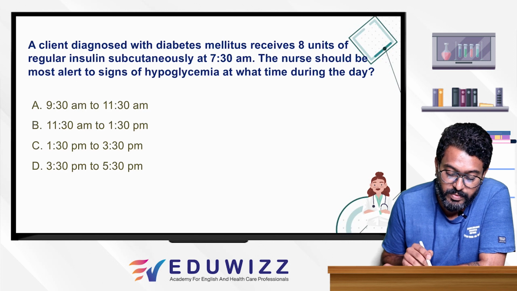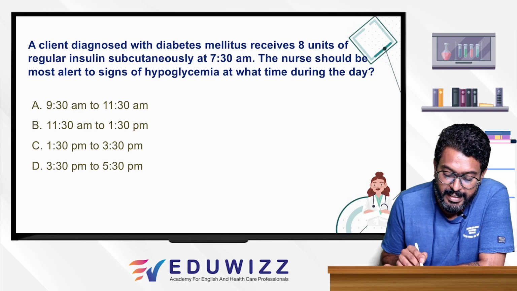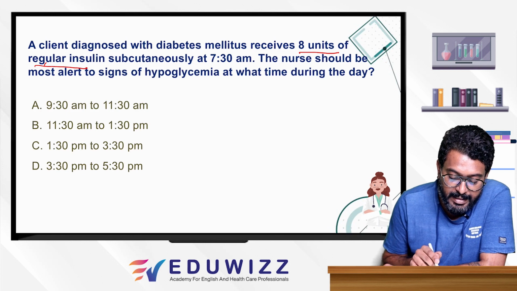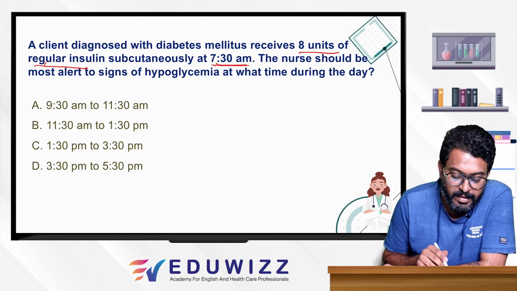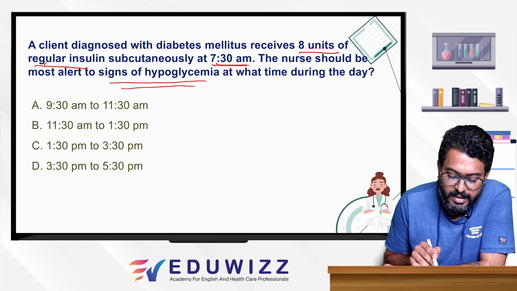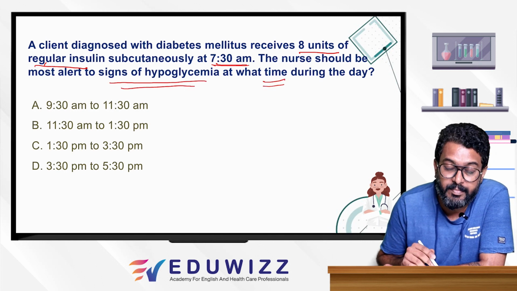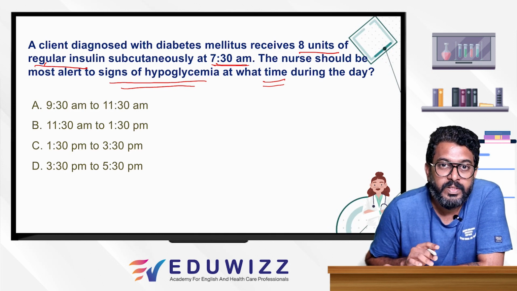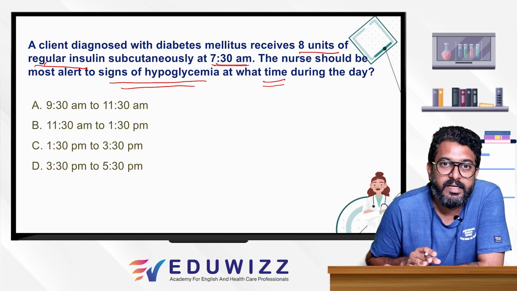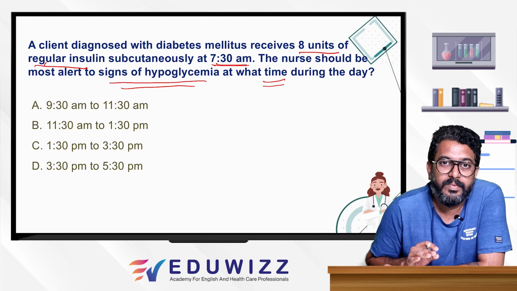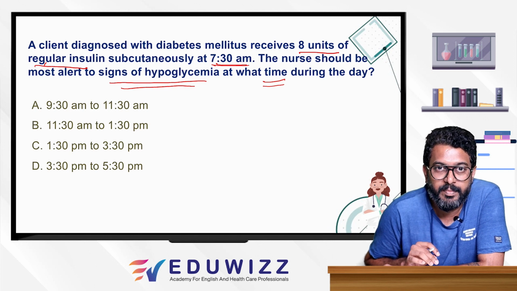A client diagnosed with diabetes mellitus receives 8 units of regular insulin subcutaneously at 7:30 am. Now you should be most alert to signs of hypoglycemia at what time? So the question is about the time the patient could have hypoglycemia. Mostly when a patient takes insulin, hypoglycemia can occur especially during the peak hours of the medication.